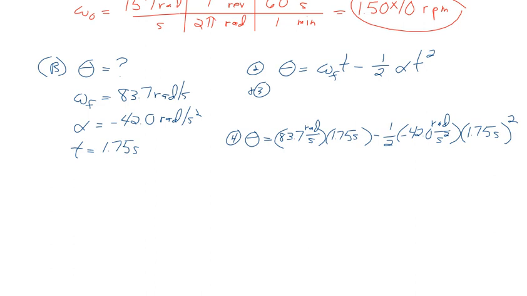So you can see that the second will cancel the second, that's going to be radians, and over here the second squared will cancel the second squared, and we'll have radians there. So we're just adding up a bunch of radians here.